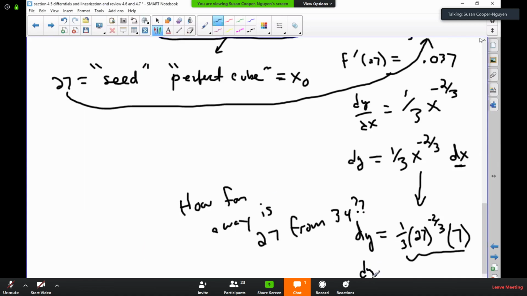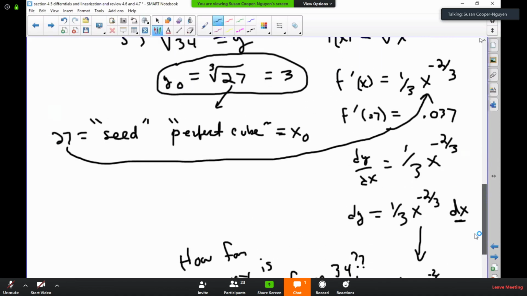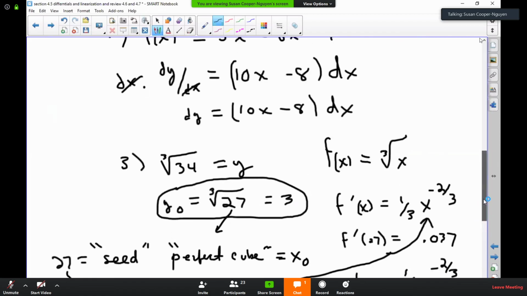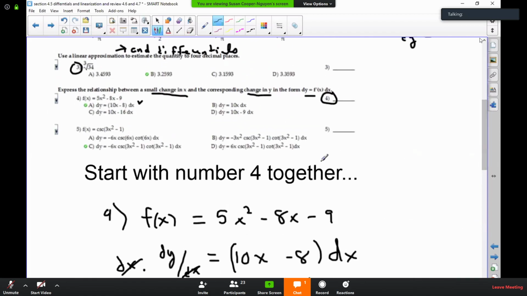So dy, I'm going to record that. 0.2593. Aha, are you noticing something? Now, if I go back to the original problem, notice the answer, 3 plus that delta.